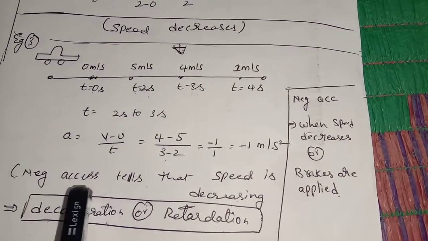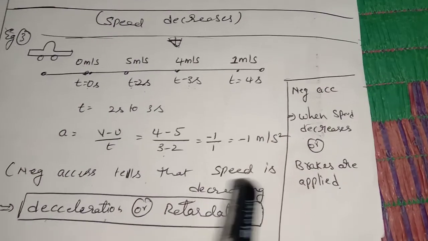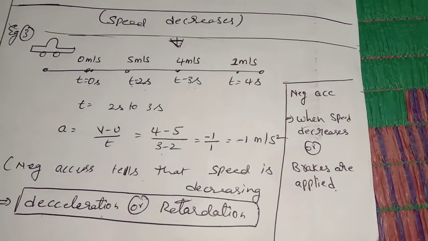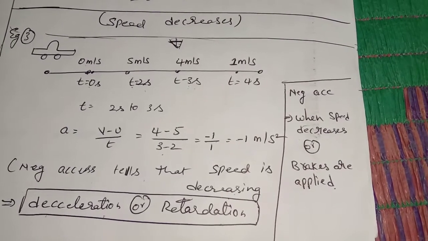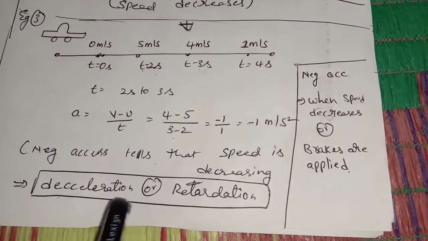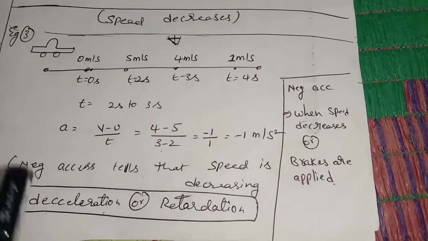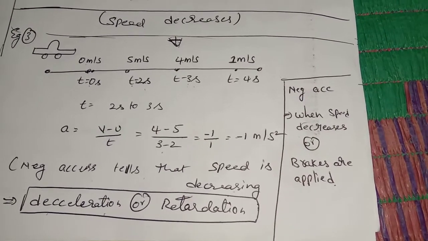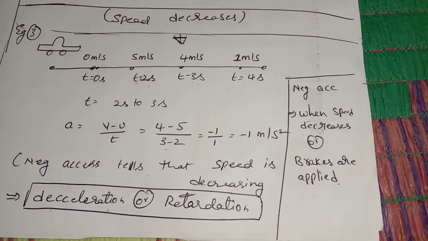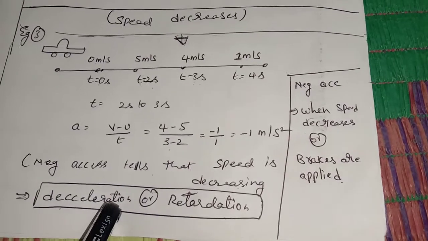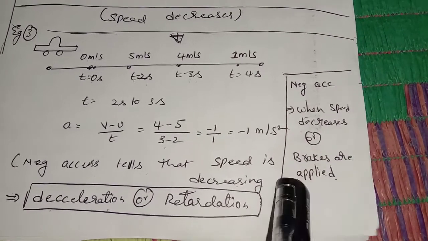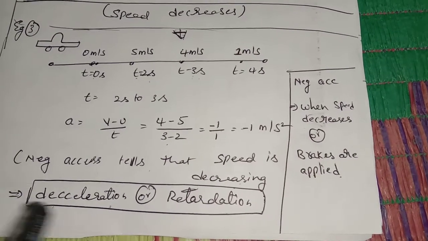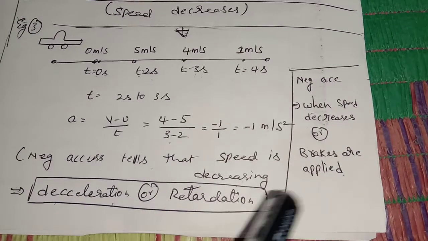So the negative sign tells that speed is decreasing. Whenever you get a negative number, it is a deceleration. Acceleration means increasing, deceleration means decreasing. Deceleration is also called retardation. When brakes are applied, we get deceleration or retardation.